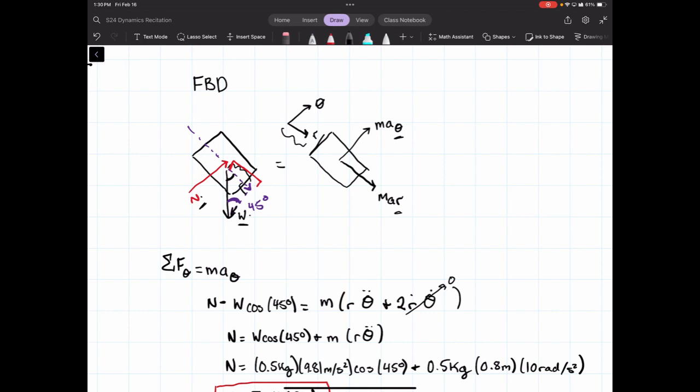But if I had established it with the r going the other way, it would be negative. So it's all about where you're referencing it from.